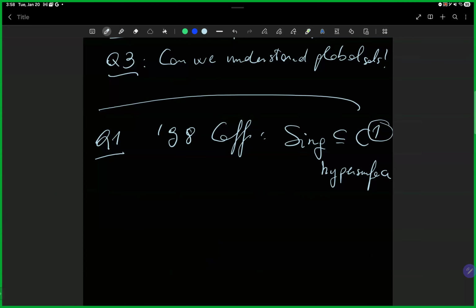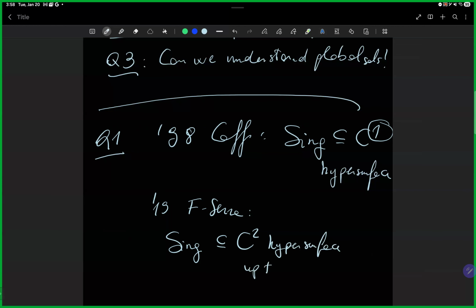There has been a series of works, but I would say one of the starting points of this analysis was a paper in 2019 by myself and Serra, where we proved that the singular set is contained in a C^2 hypersurface up to codimension 3 sets.